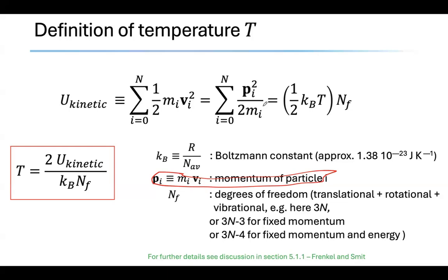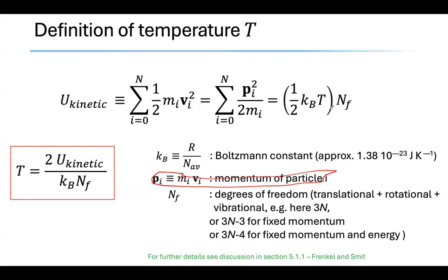Now, there's a very famous theorem called the equipartition theorem, which tells you that you can allocate a half kT, where k_B is the Boltzmann constant and T is the temperature, to every quadratic degree of freedom. So since your system can have N_f degrees of freedom, the total kinetic energy can then be written as a half kT, which is the energy per degree of freedom, times the total degrees of freedom.